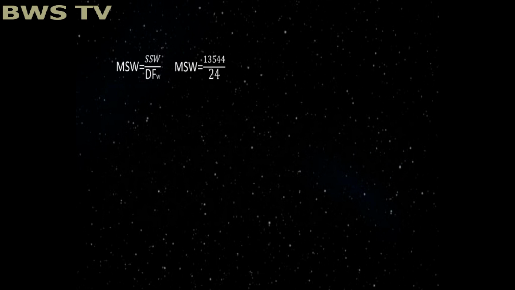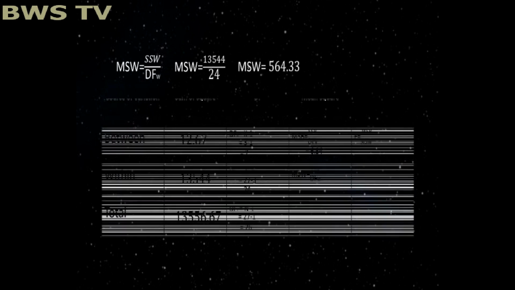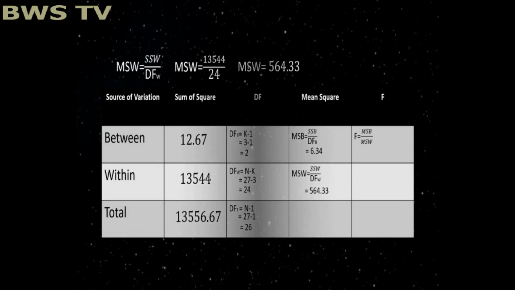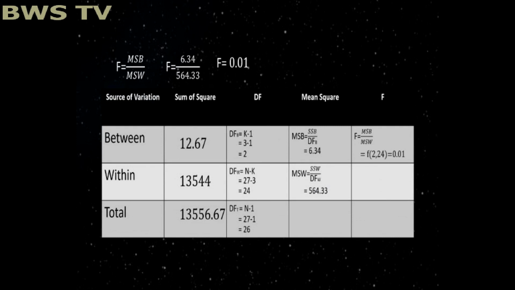Again, just substitute it and then you get the answer of 564.33. Then we have the F. Just substitute it and then you get the answer of 0.01. Now I have 2 and 24 because we have 2 degrees of freedom for the columns and 24 for the rows.